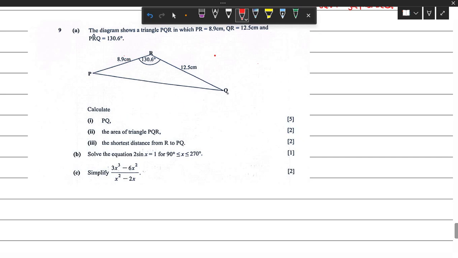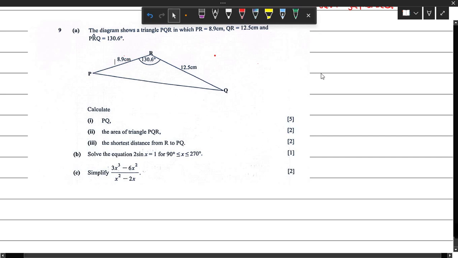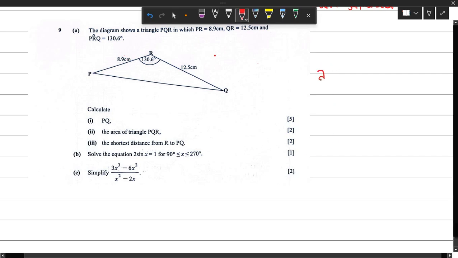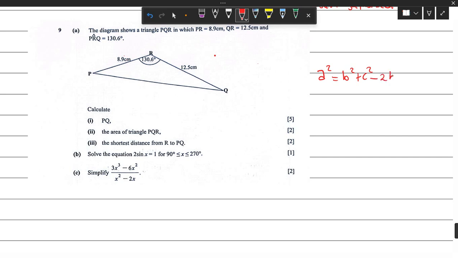So I'll say, if you follow what I was doing, A squared equals B squared plus C squared minus 2BC cos A. A is the distance which you are finding, which is PQ. We want to be systematic.